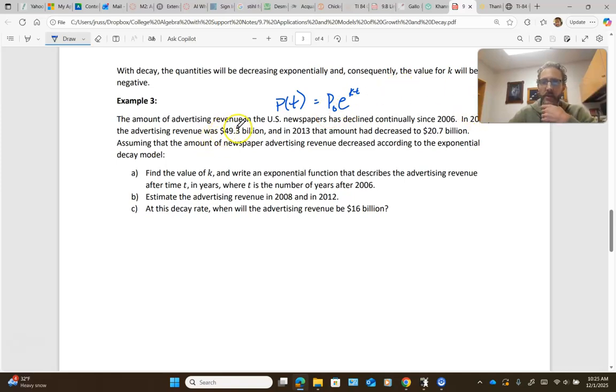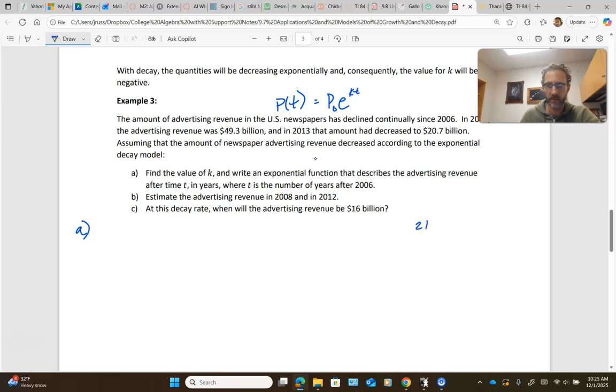The amount associated with 2006, which would be when time is 0, and then the amount associated with the function evaluated in 2013, which is 7 years later. So in other words, when t is 7.